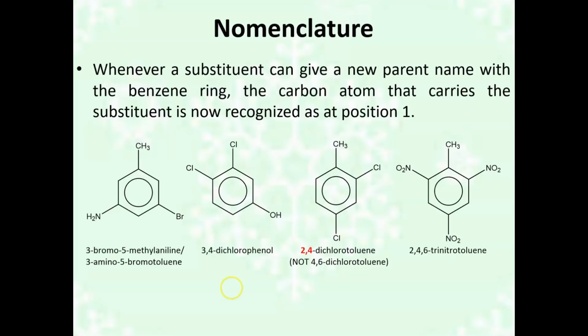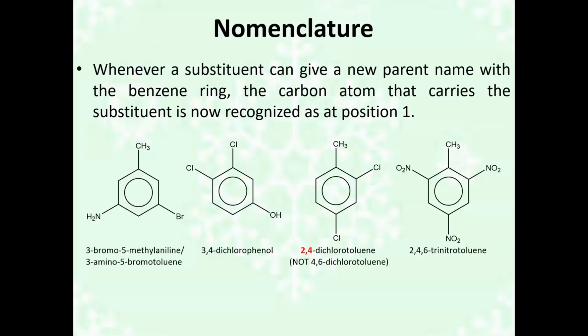Next, we have 1 CH3 and 2 Cl. By now, I think you already know which one will give you the new parent name, which is CH3 as toluene. So CH3 is at position 1, and the numbering of the chlorine must be at the lowest possible position. So you will get 2,4-dichlorotoluene as the answer, and it's not 4,6-dichlorotoluene.